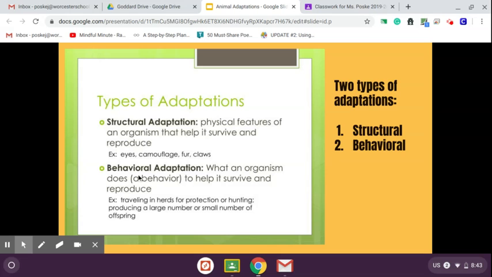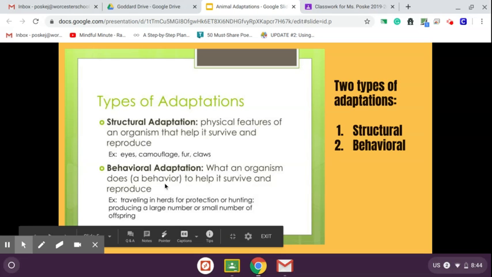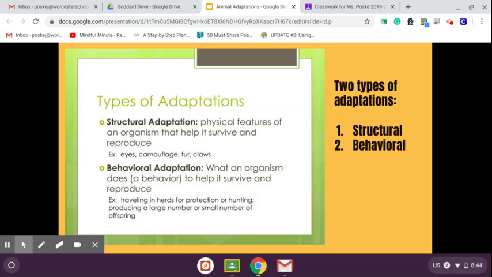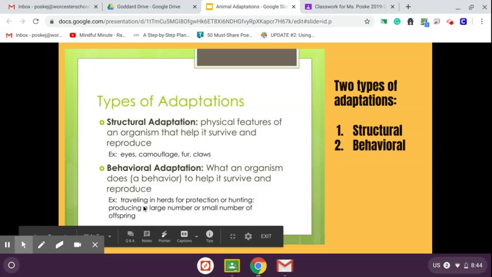And then there's also behavioral adaptations. When an organism does a behavior to help it survive and reproduce. So, these are behaviors that animals do to help them survive or get food or protect themselves. They travel in herds or groups to protect themselves or for hunting purposes.